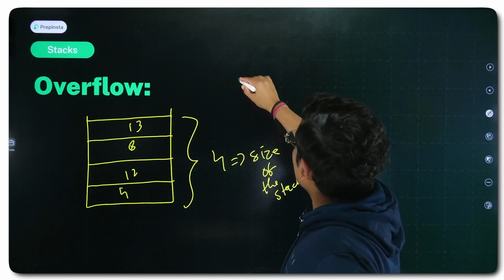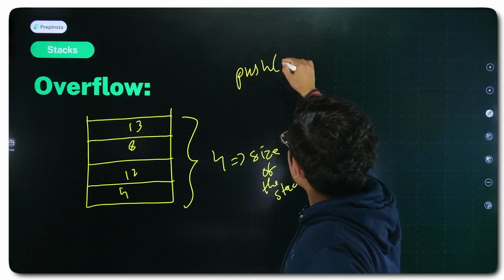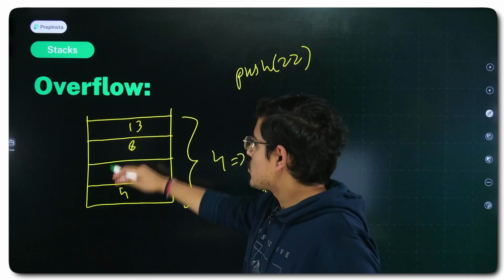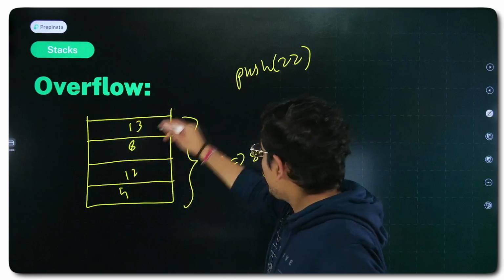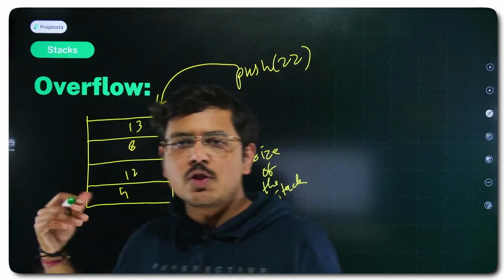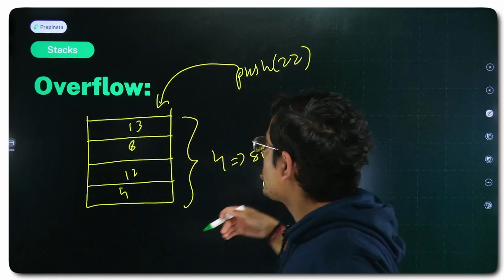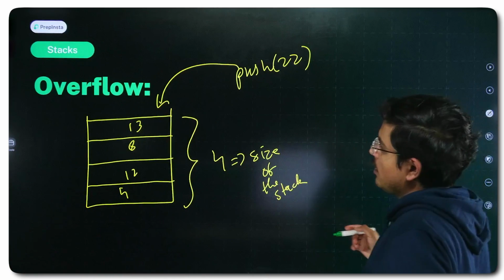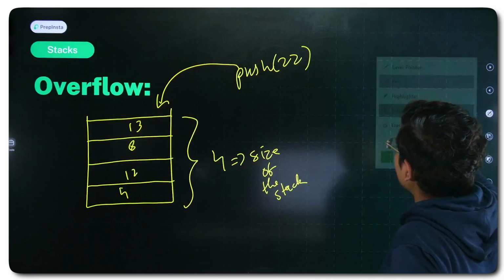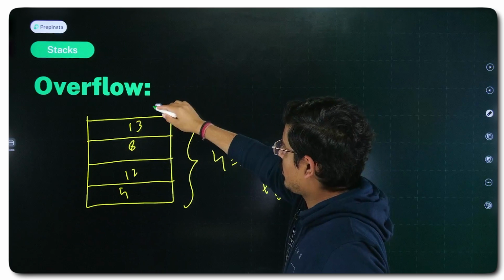Now, if I tell you to do push 22, you try pushing 22 and it can just store 4 elements. So if you try pushing 22, this will not happen because this stack doesn't have space for that, right? So how to handle this? Before pushing, you generally check a condition, which is the overflow condition.